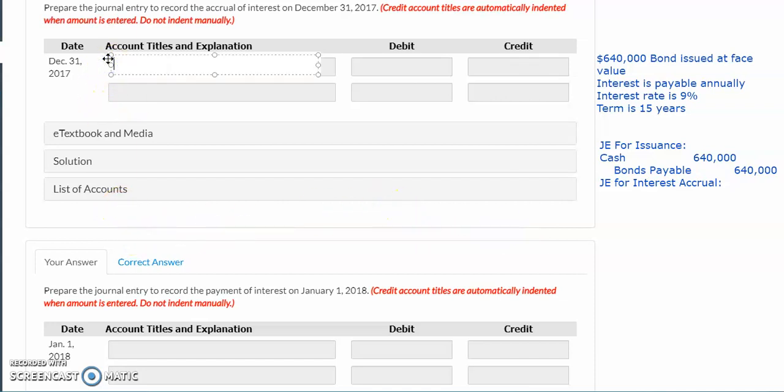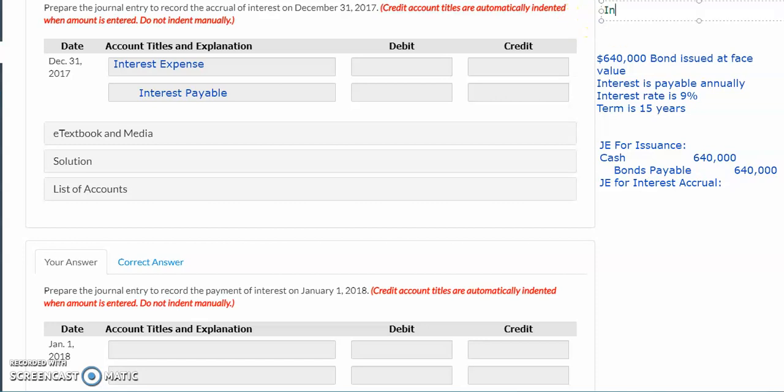For the interest, we're going to debit interest expense and credit interest payable. Your calculation for interest, I'm going to include that up here on the top.